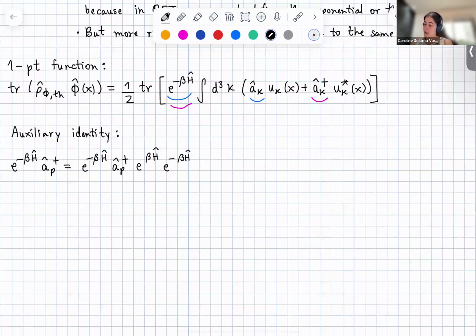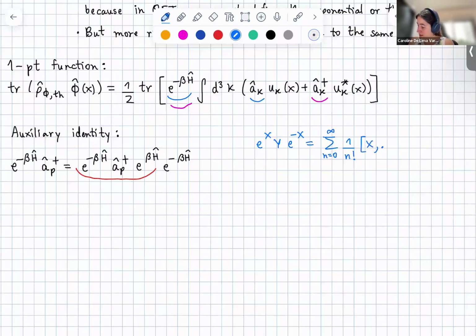Now I have this nice object here, and I will remind you that when I have e to the x times y times e to the minus x, there is a nice expression for that. What it gives is the sum over n from 0 to infinity of 1 over n factorial times the nested commutator.